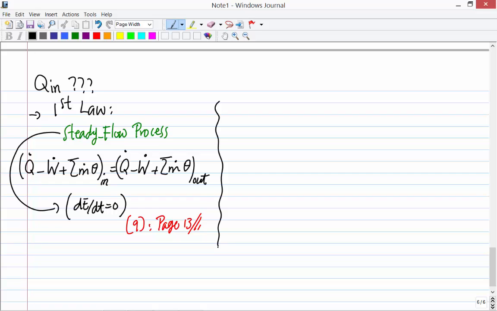But we have another form for unsteady flow rates, or closed systems at initial and final states. So it's an unsteady flow process. It means that it has flow, but the flow was temporary, right?